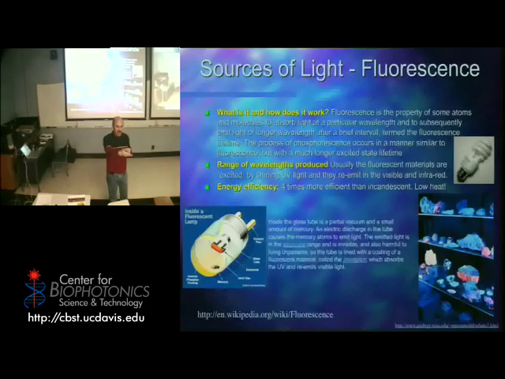The powder is lining the inside of the bulb. That powder is made up of different materials that both fluoresce and phosphoresce, to be honest with you, because if you turn off these lights for a little moment, you still see a little bit of light coming off them. So there's a combination of fluorescent powders and phosphorescent powders.